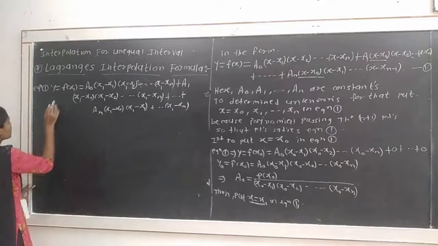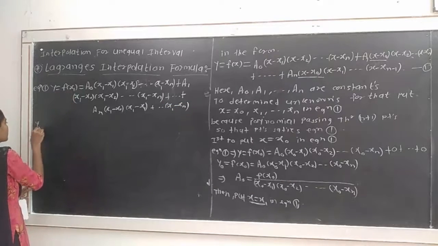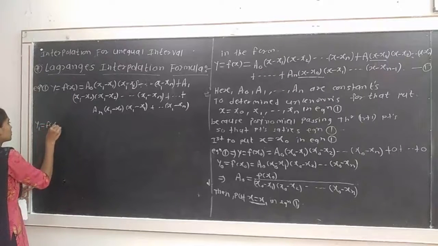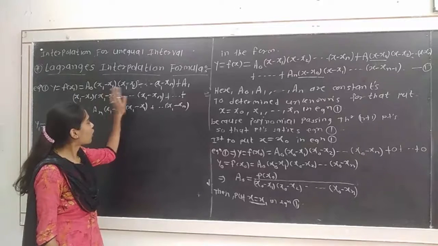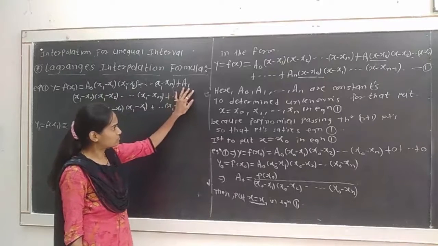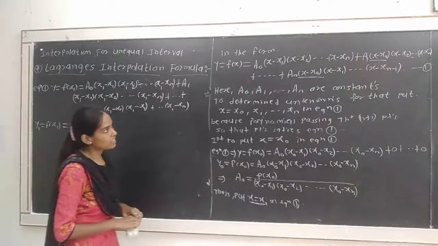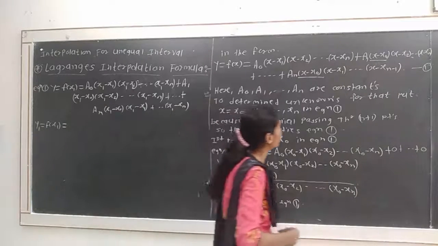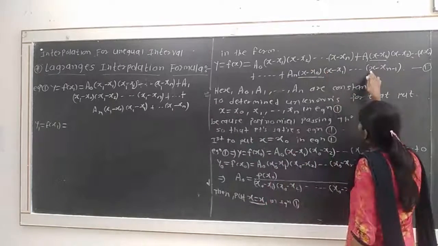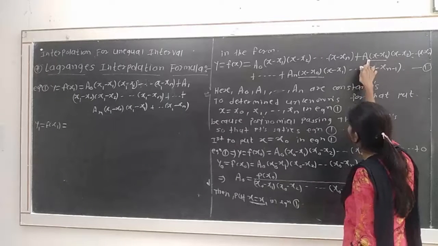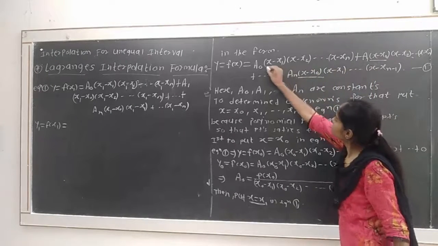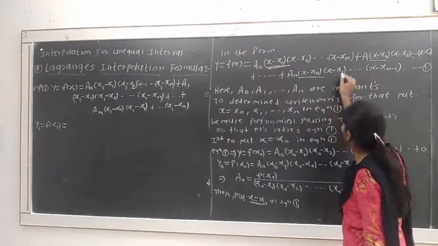So see here, the value of f of x1, we write y1 is equal to f of x1. In all the terms except the second term, the factor x minus x1 is present.